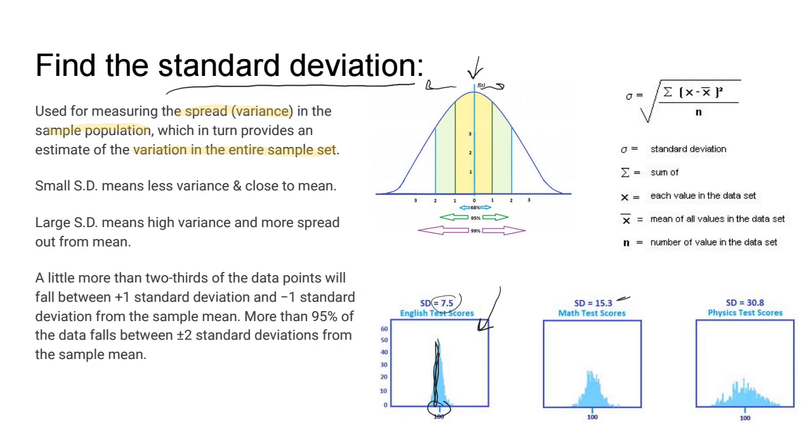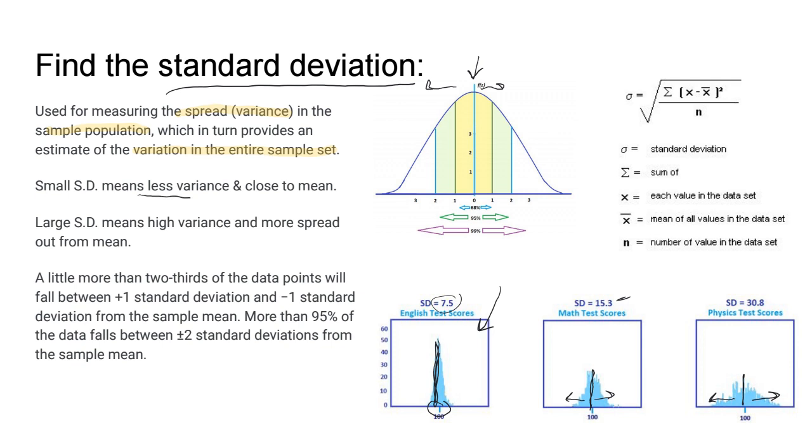Here, the standard deviation is a little bigger. In math, the average is still 100, but you can see that more people did really good and not so good. As opposed to physics, yikes, even with the average still at 100 and that bell curve, there's a lot of people away from that score. That is what standard deviation is telling us.